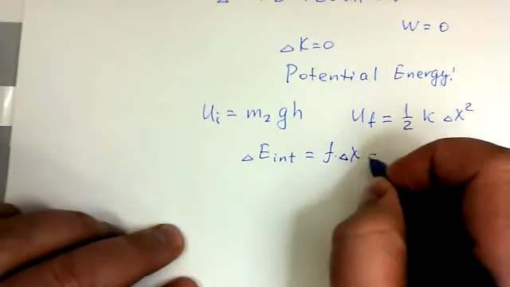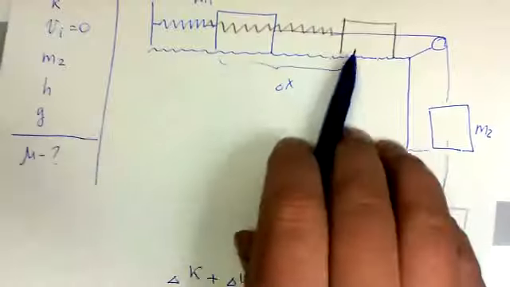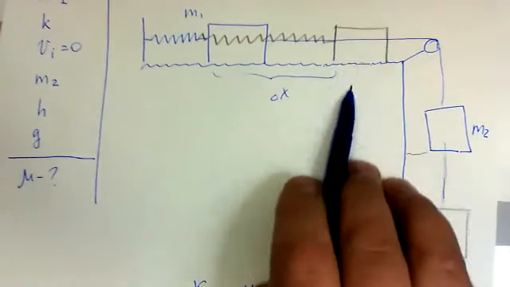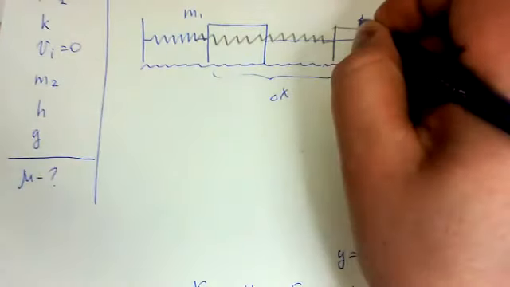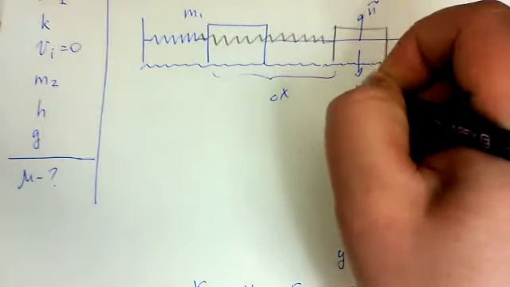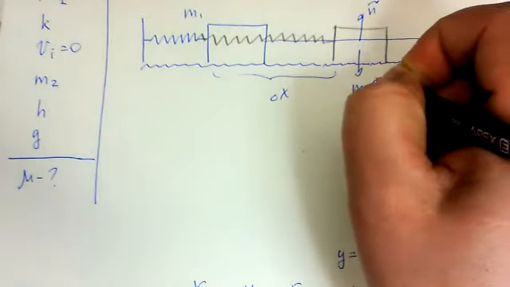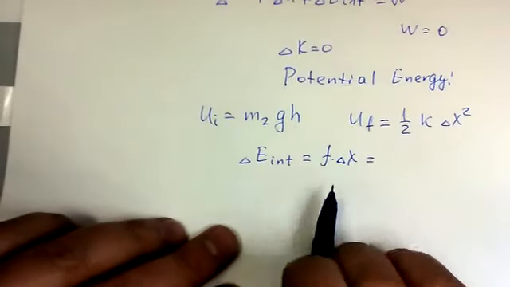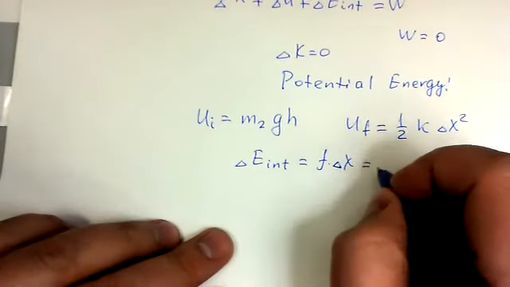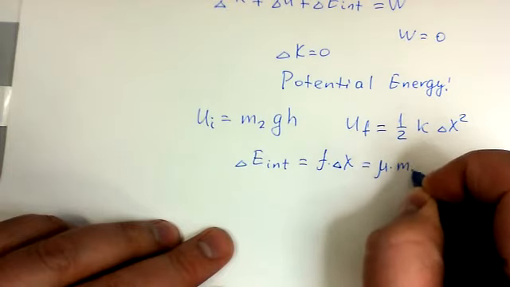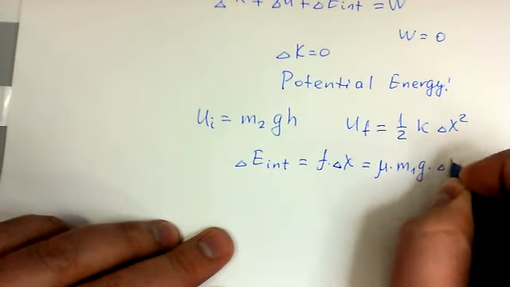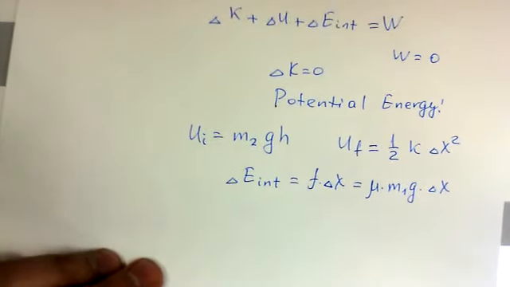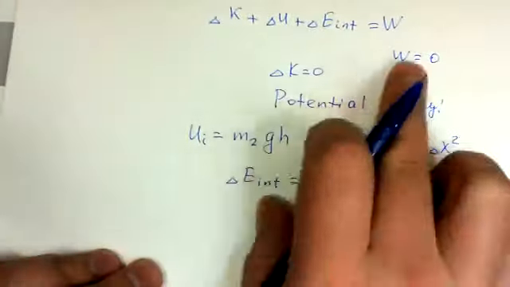And since the normal force equals m1g here, the friction force would be equal to the coefficient of friction times m1g times the displacement delta x. So the total change of energy equals 0.